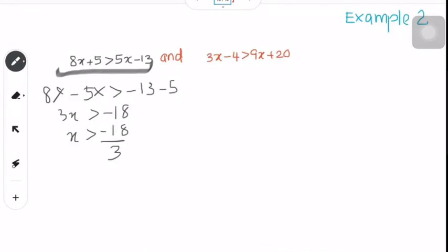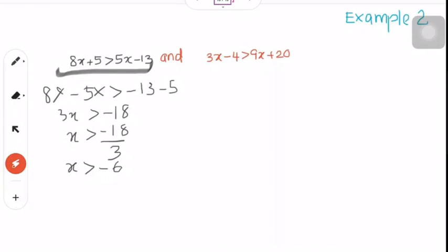So x is greater than negative 6. Why do I not change the sign here? Because what we divide by is 3, which is positive. The negative 18 is already sitting there and does not disturb anything. It is the 3 that moves.